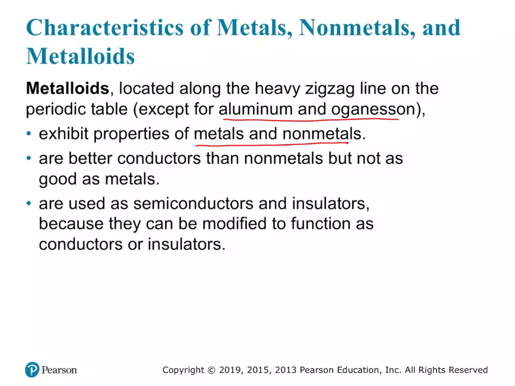Now, metalloids are better conductors than nonmetals, but they're not as good as metals. In fact, metalloids are often called semiconductors because they can conduct electricity, but they can also act as insulators. So they are semiconductors. One really good example of a metalloid is silicon.